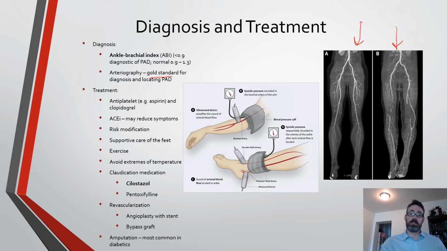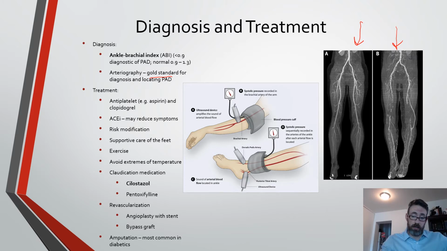Pentoxifylline is another drug that has sort of mixed results. May aid in deformability of red blood cells to help them squeeze through narrow vessels, but overall seems to be better in theory than in practice. Revascularization is another option. So you can do angioplasty and break open those areas, and you can stent them. You can do bypass.